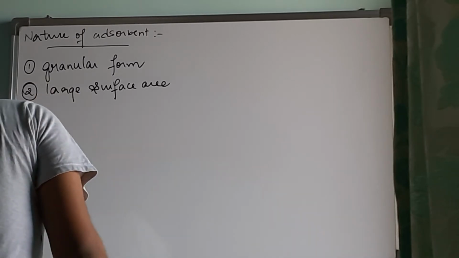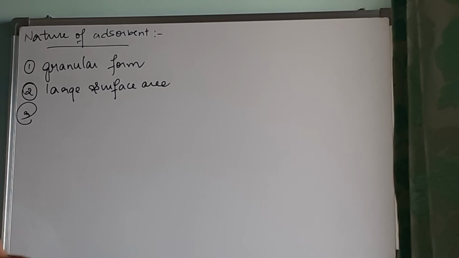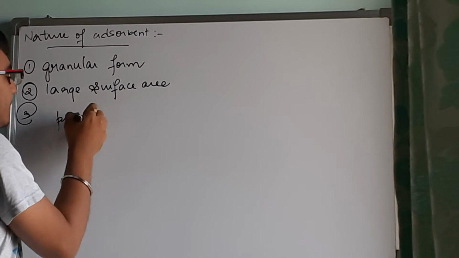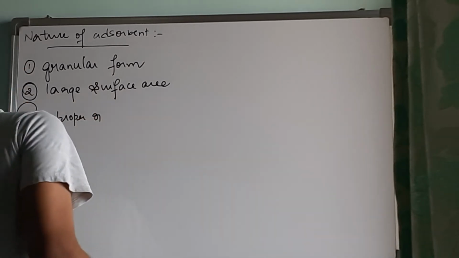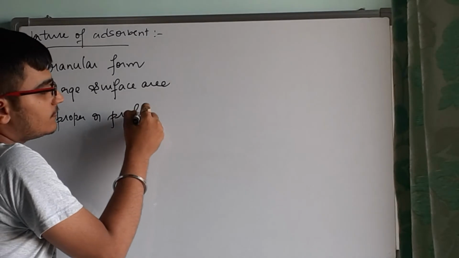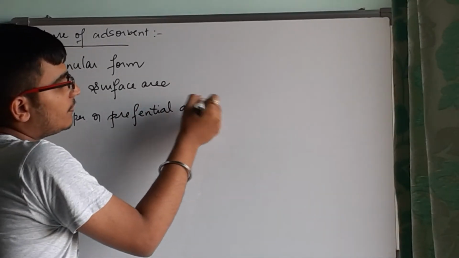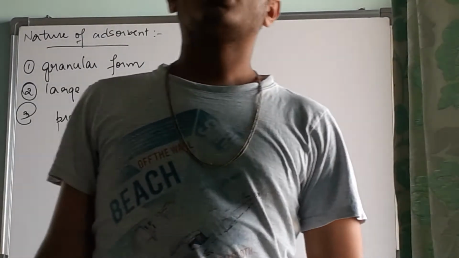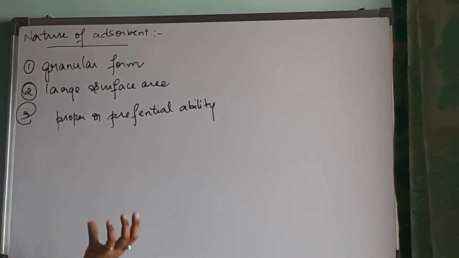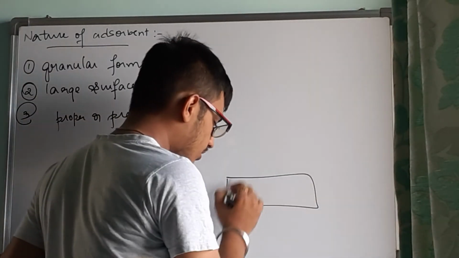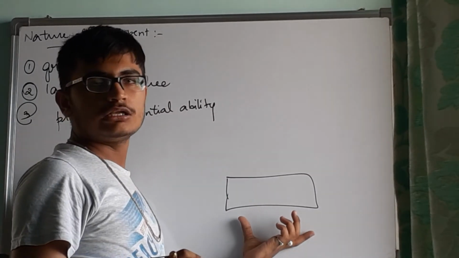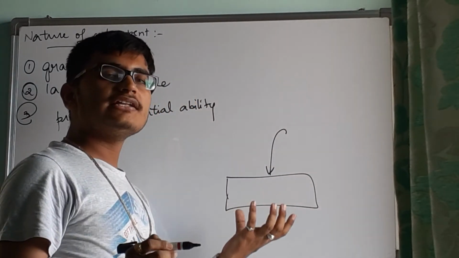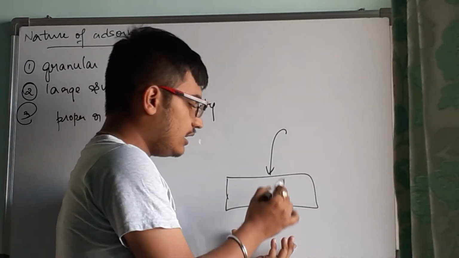Next, they must possess a proper or preferential ability for adsorption to occur. This means the solid granular material should have the ability to allow the solute particles to settle and let the unwanted particles flow away.